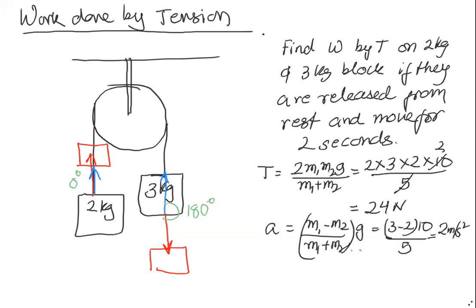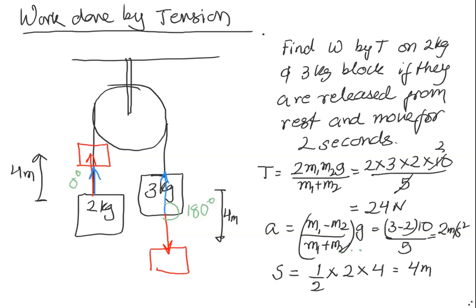Since the acceleration is constant, the displacement in 2 seconds will be half into a into t square, which is equal to 4 meters. Therefore, this distance is 4 meters. This distance is 4 meters.